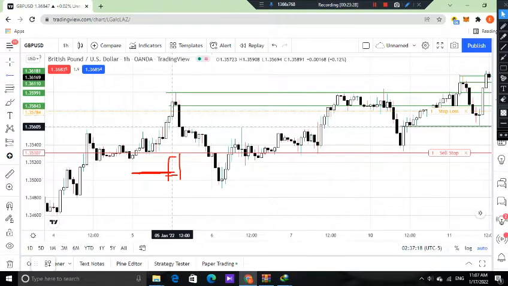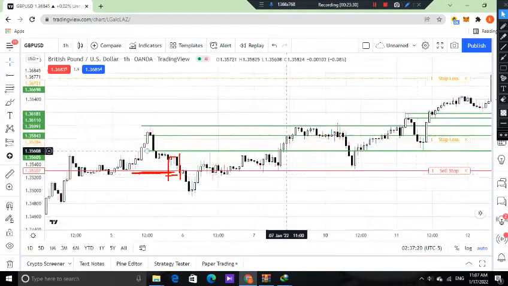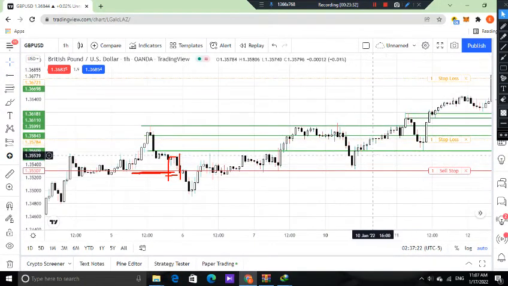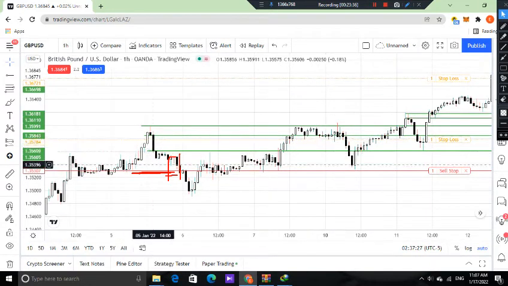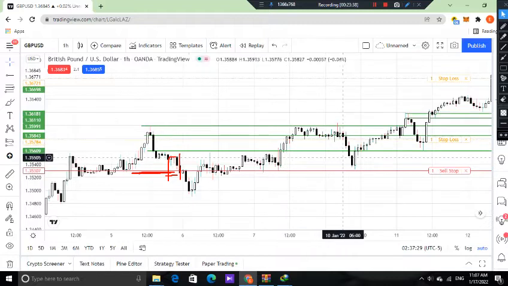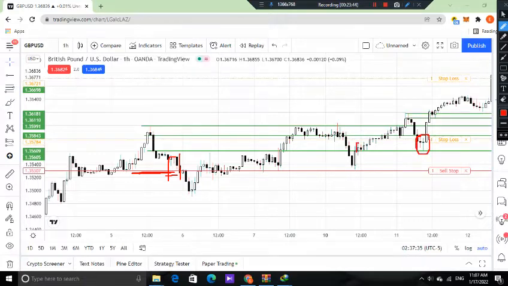What about the entry bar? Yes, you can see support thanks to this entry bar, the close price of this entry bar. We had some support for price, which is great.